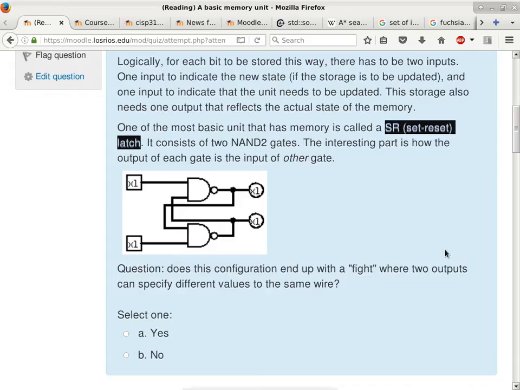Since the output of the upper NAND gate feeds into the lower NAND gate, this one feeds into this, which guarantees B to be a 1 without looking at Y. So that means Y can be whatever it needs to be. Y can be a 0, Y can be a 1, it doesn't really matter.